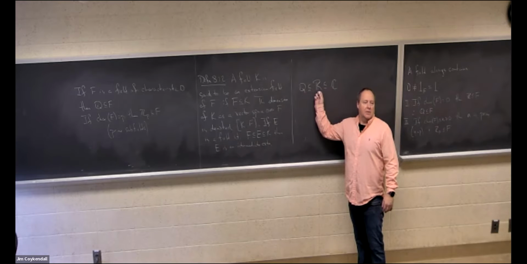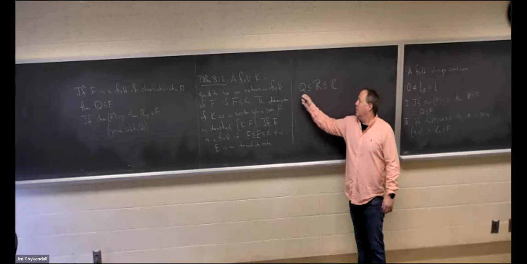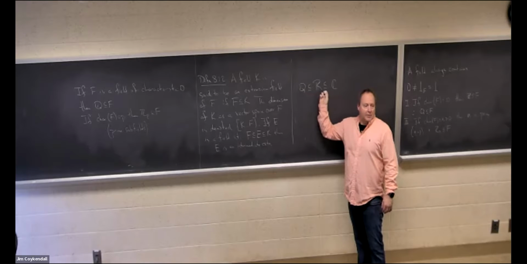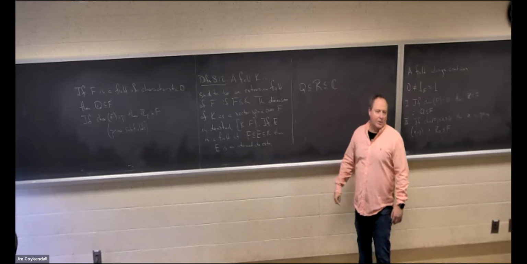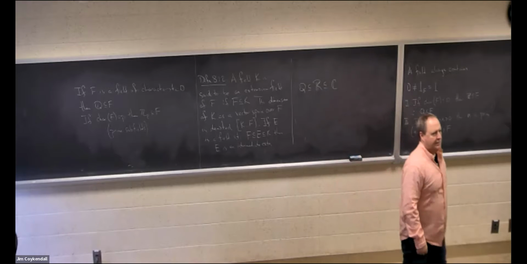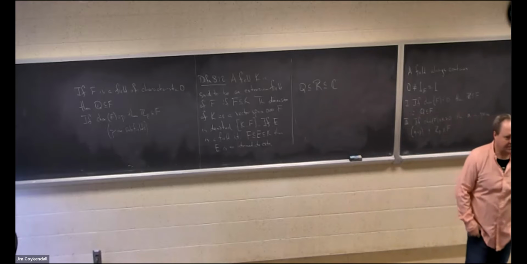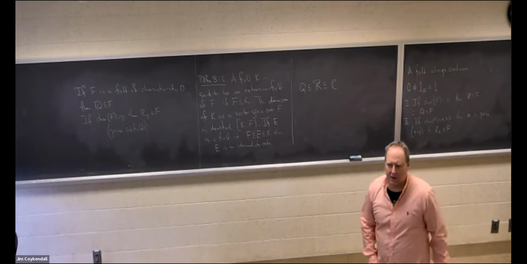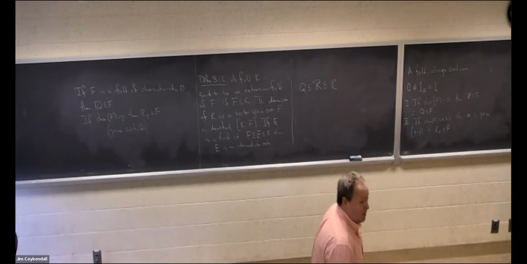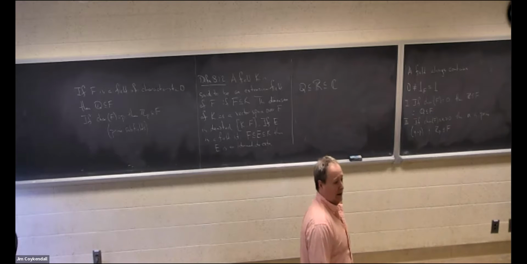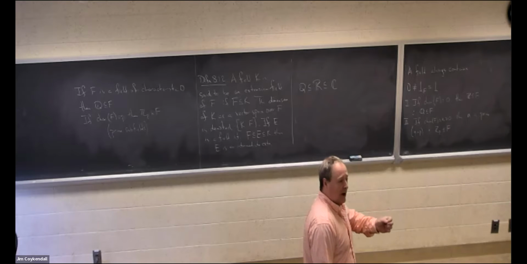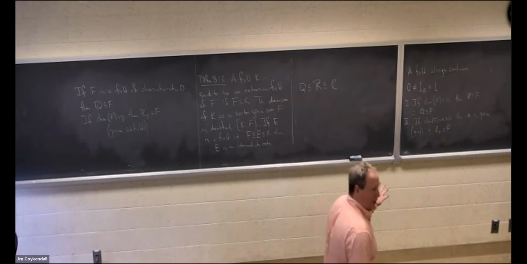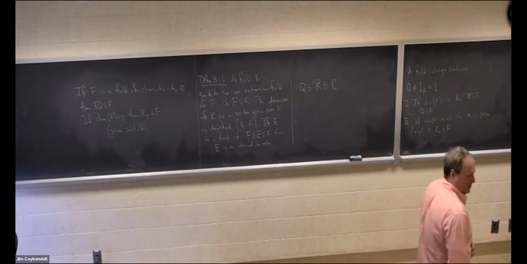Here's a couple of things to tip you off. Number one, does anybody know what the dimension of C as a vector space over R is? What do you know about complex numbers? What's the first thing they tell you? A complex number can be written as a plus ib, uniquely.